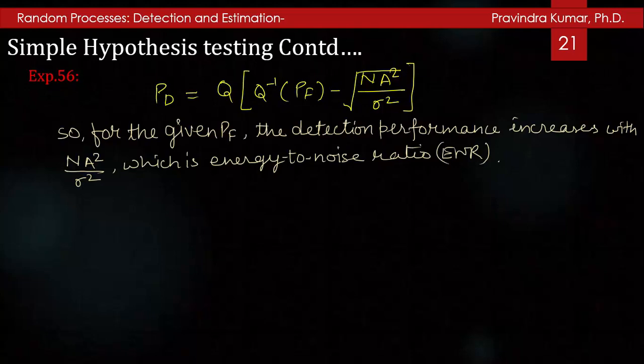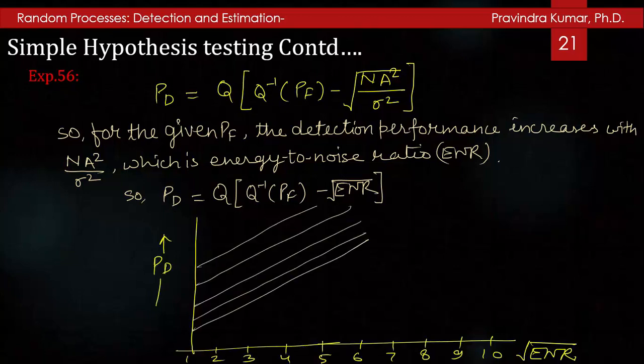So for the given PFA, the detection performance increases with N A square by sigma square, which is the energy to noise ratio, ENR. I can write it in terms of energy to noise ratio: the probability of detection will be Q inverse of probability of false alarm minus under root ENR.